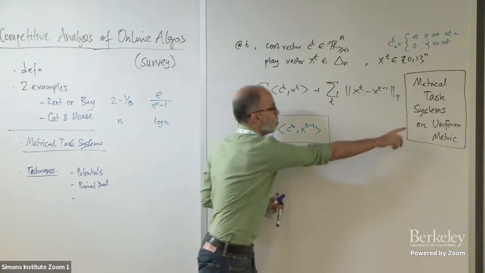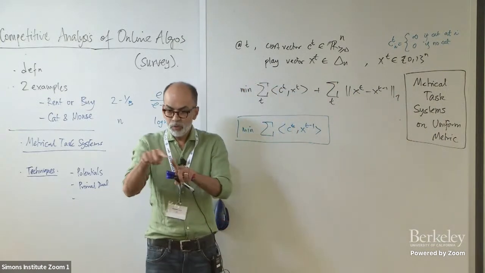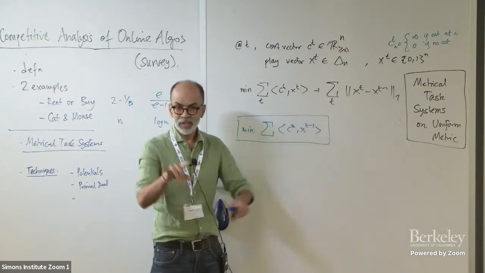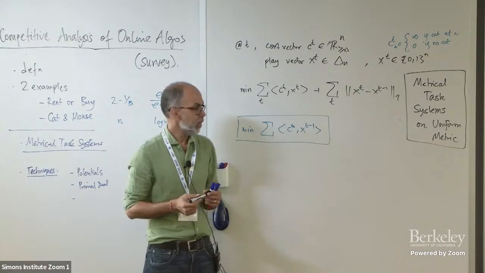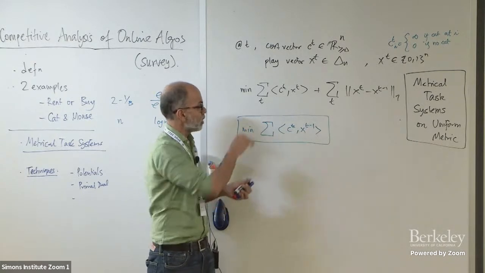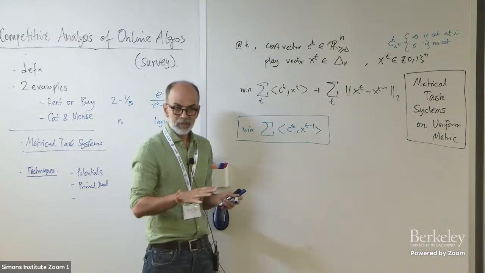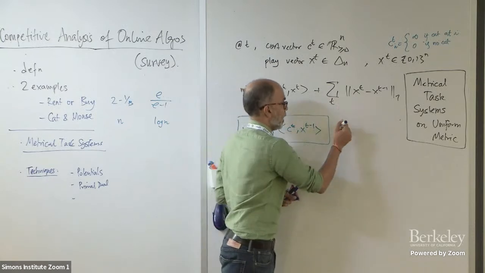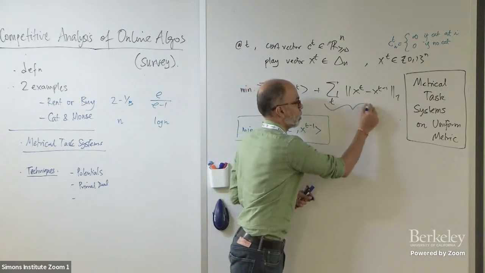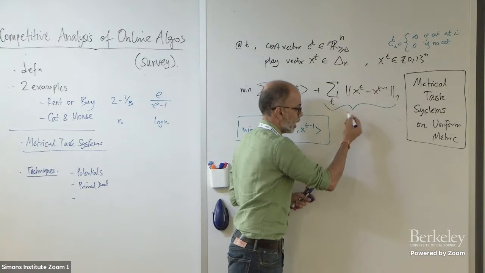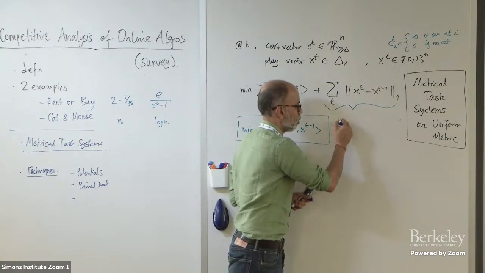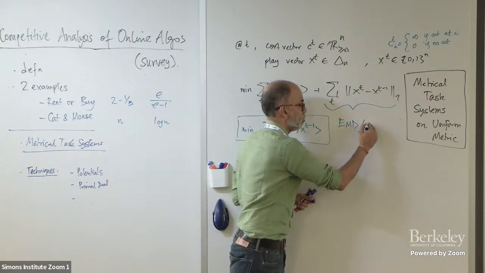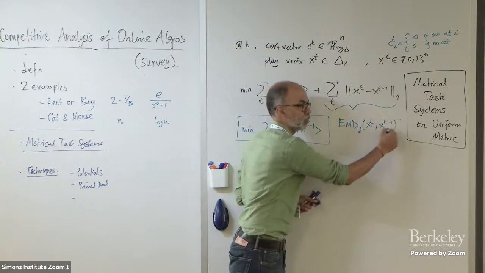The uniform metric is captured by the fact that movement distances are unit between distinct locations. So the metrical task systems problem is a very general problem, and you can generalize this to, instead of saying it's the L1 distance, you can think of this as the earth mover distance or the Wasserstein distance according to some general metric between xt and xt minus 1.